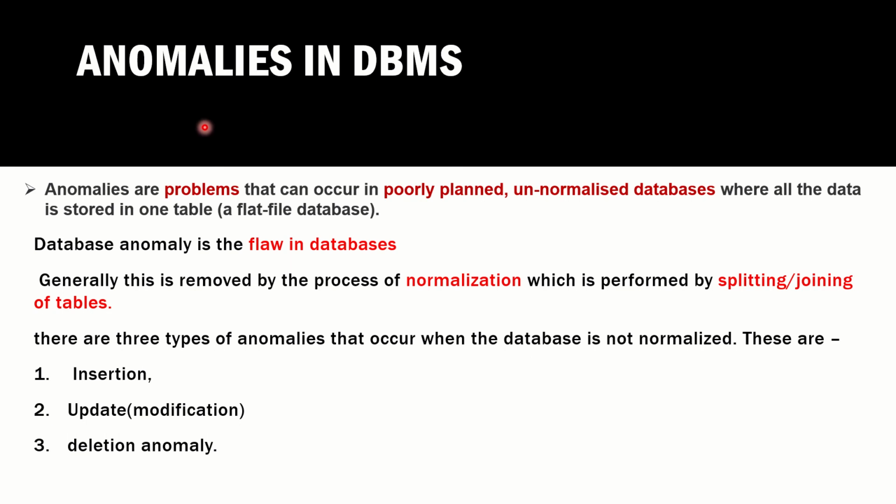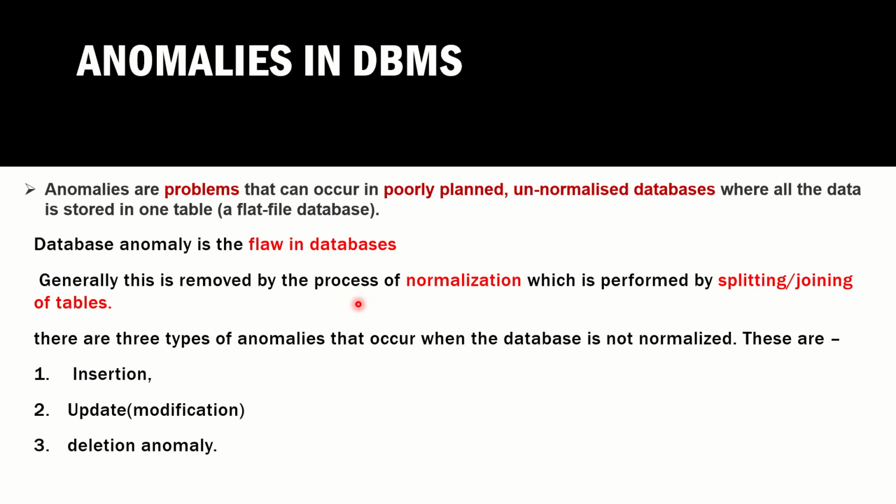So anomalies are problems that may arise because of the poorly planned unnormalized database in which we are storing all the data in a single table. So we can say an anomaly is a flaw in a database. Without any planning, this problem may arise.